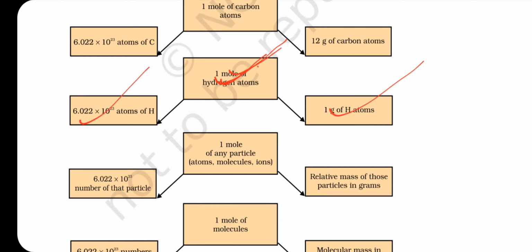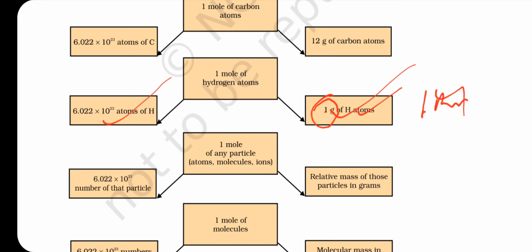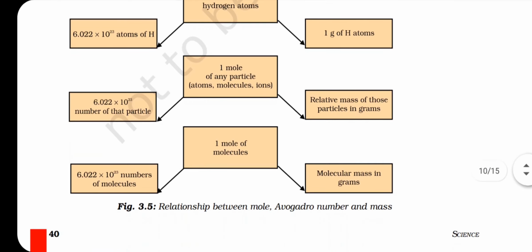Suppose you take the example of hydrogen. 1 mole of hydrogen atom is equal to 6.023 into 10 to the power 23 atoms of hydrogen, that is 1 gram of hydrogen. Because the mass of 1 atom of hydrogen is 1 atomic mass unit or 1 unified mass.